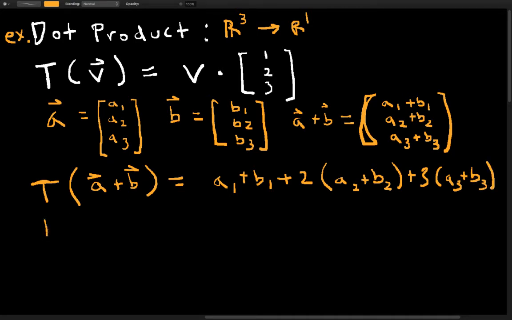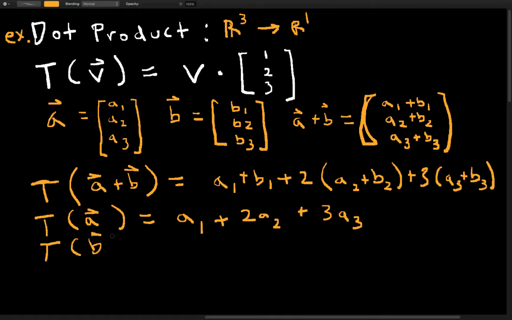And if we were to do T of just A, we would get A1 plus 2A2 plus 3A3. And for B, T of B, we get B1 plus 2B2 plus 3B3.